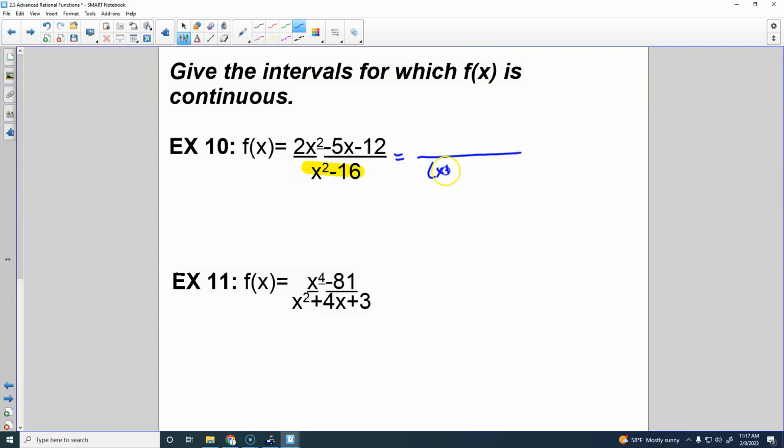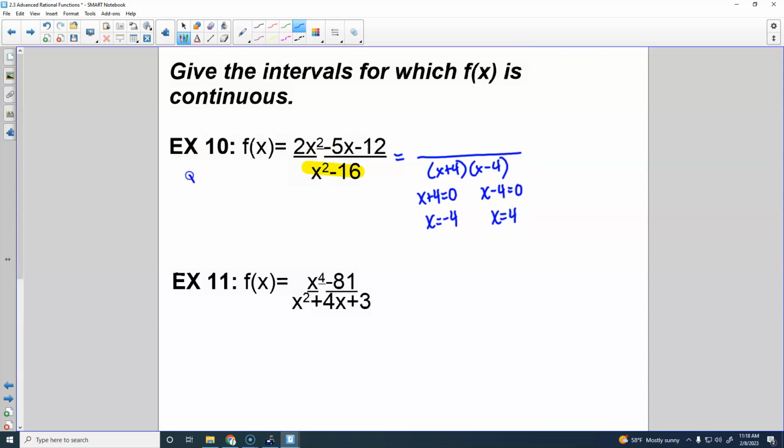This would be x plus 4, x minus 4, which means you've got discontinuities when x plus 4 equals 0, so x equals -4, and when x minus 4 equals 0, which is when x equals +4.